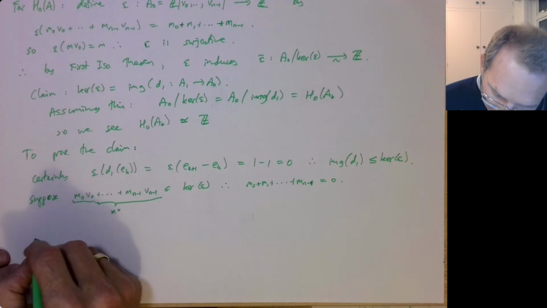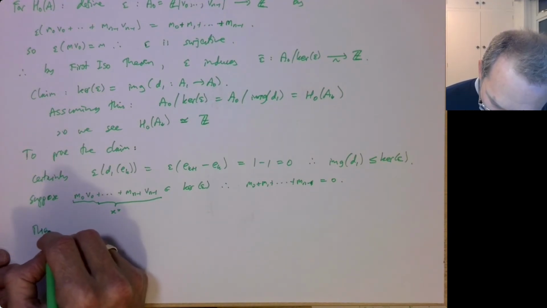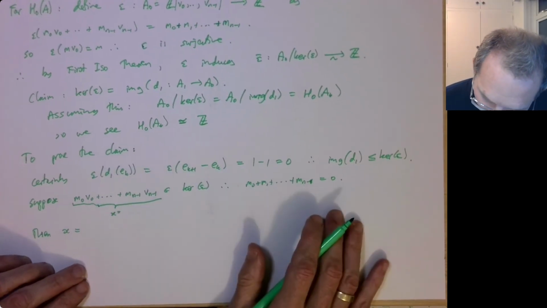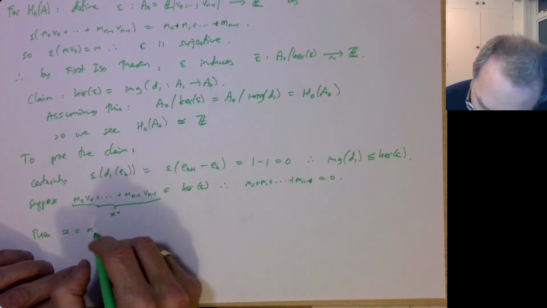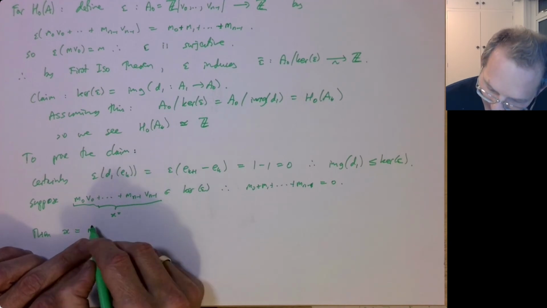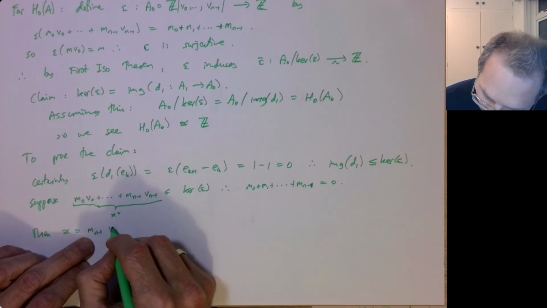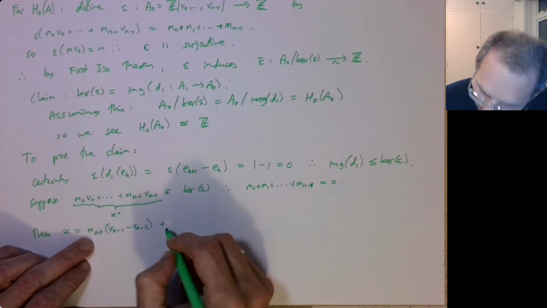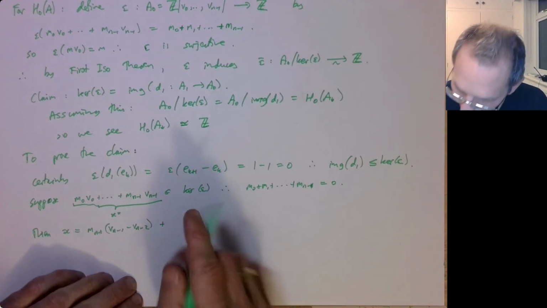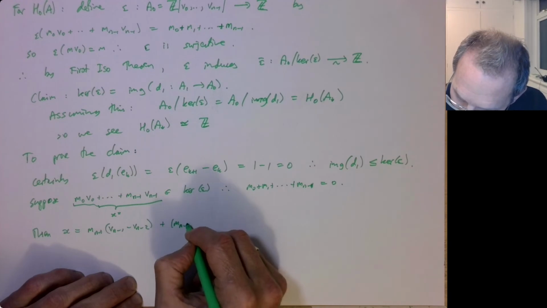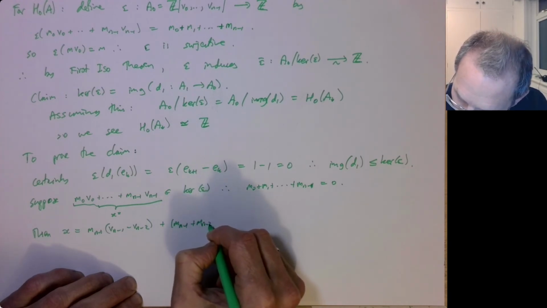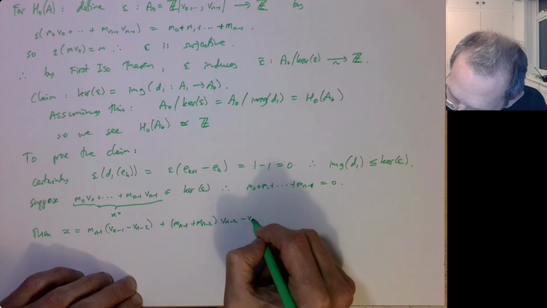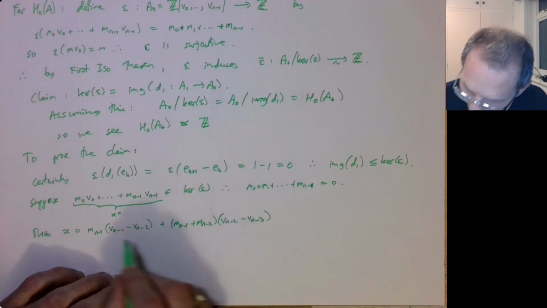So then, we can write x as mn minus 1 times vn minus 1 minus vn minus 2. Then I'm going to put in mn minus 1 plus mn minus 2, times vn minus 2 minus vn minus 3.